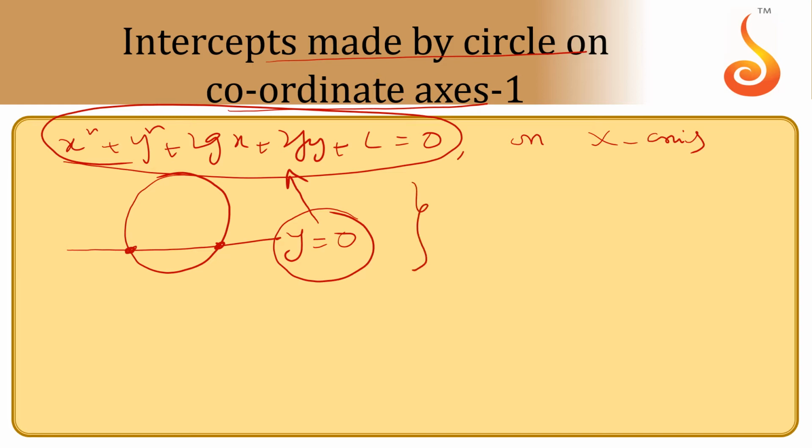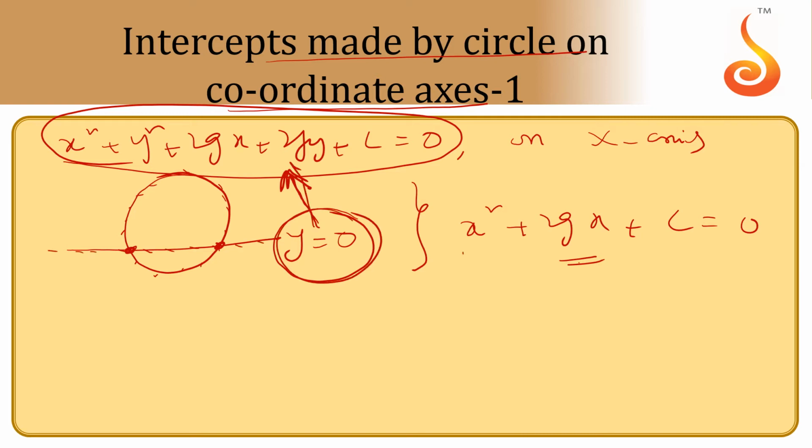So y equal to 0, when you are substituting, you will be left over with a quadratic in x. I told you what it will be. So this is the quadratic in x which we got by inserting this locus into this locus. This locus is points on the circle. This locus is points on the x-axis.